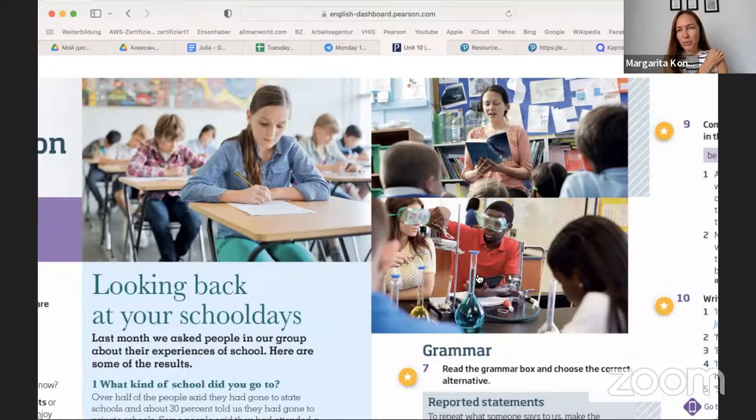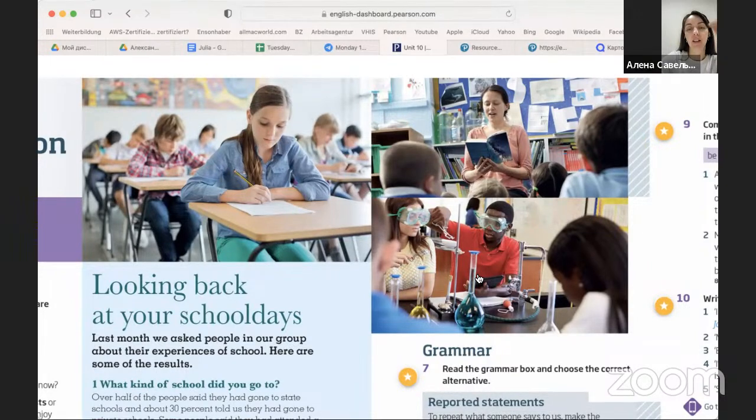What about this one? Wow, this is exciting. Wow, I think it's a class of chemistry because the man is doing something with a chemical instrument. I don't know what it is called.